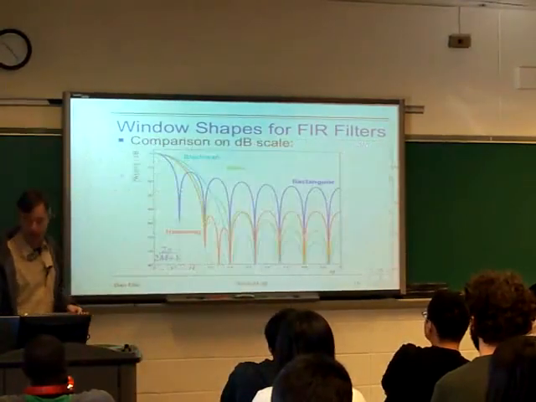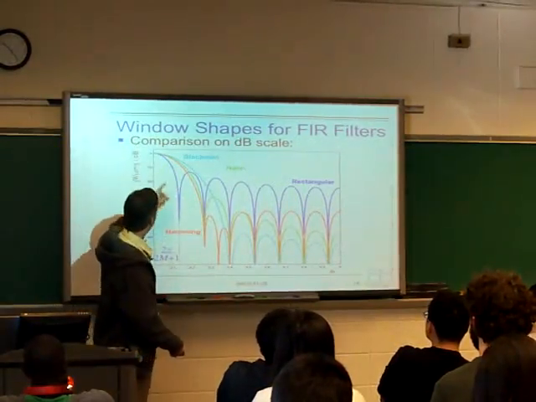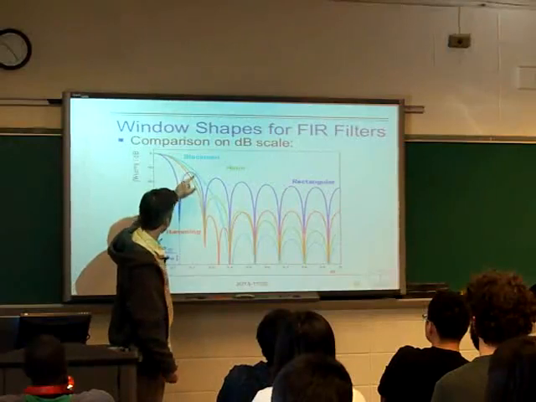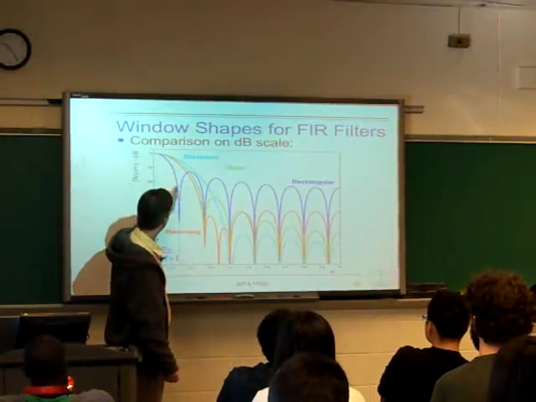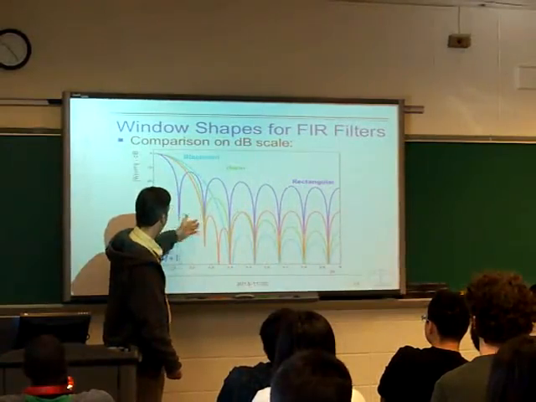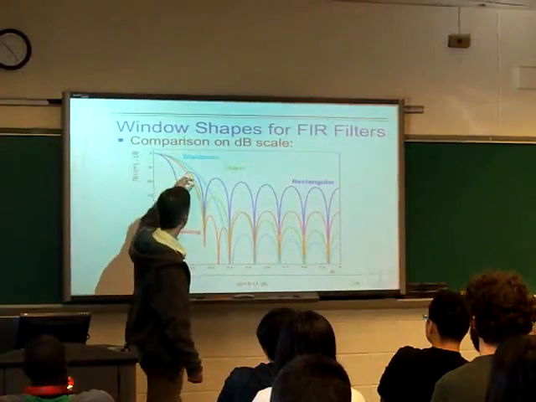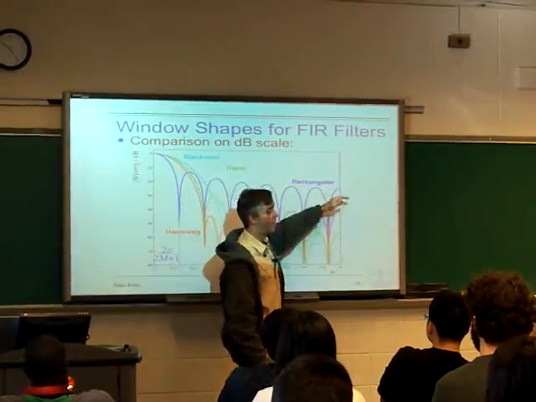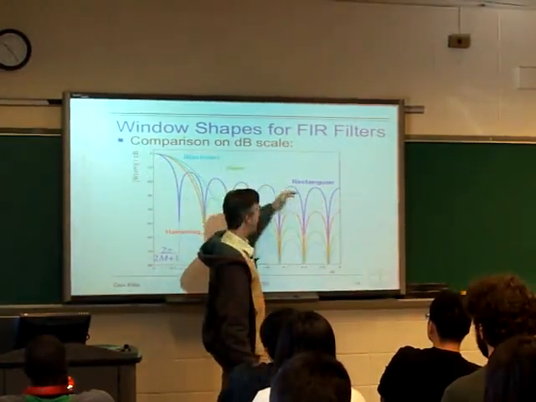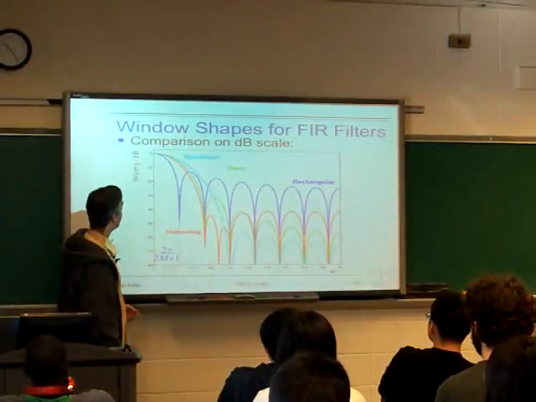So if we look at that on a log scale, it's much clearer what's going on in the high frequency. The blue is the rectangular window, and you see it has the narrowest main lobe by a substantial margin. But these side lobes on a dB scale are pretty large, and they die away. There's 1 over n, but they don't die away very fast.